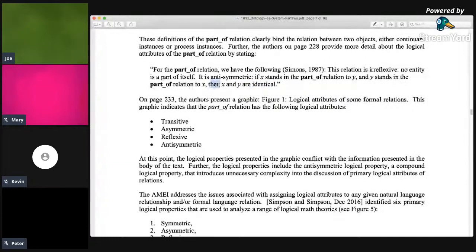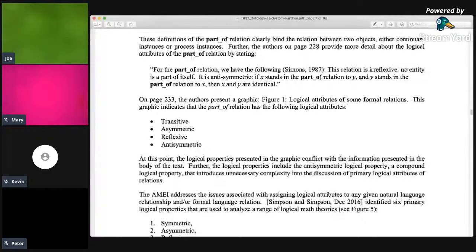So this says basically the part of relation is not a part of relation, which is quite confusing because X and Y are identical, that's equivalence, and has a completely different set of logical attributes. And if you use a part of relation to try to draw out X is a part of Y and Y is a part of X, that is really logically confusing.